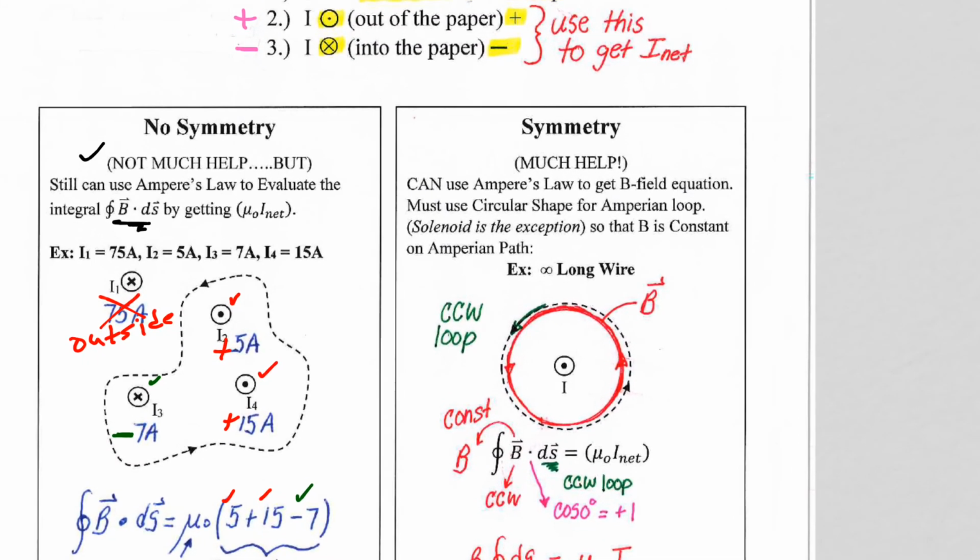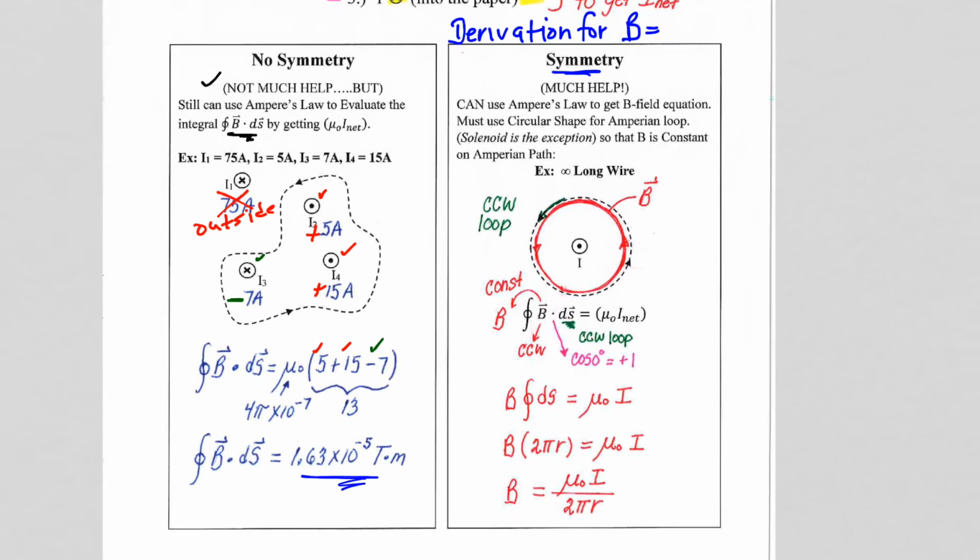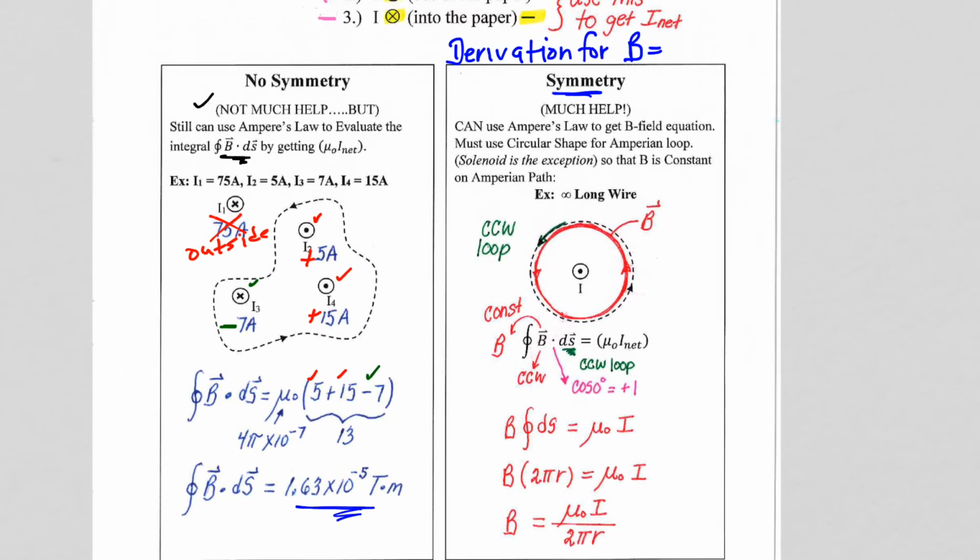I would like you to add to your notes that the example for symmetry is the derivation for B equals mu naught I over 2 pi r for the long straight wire.